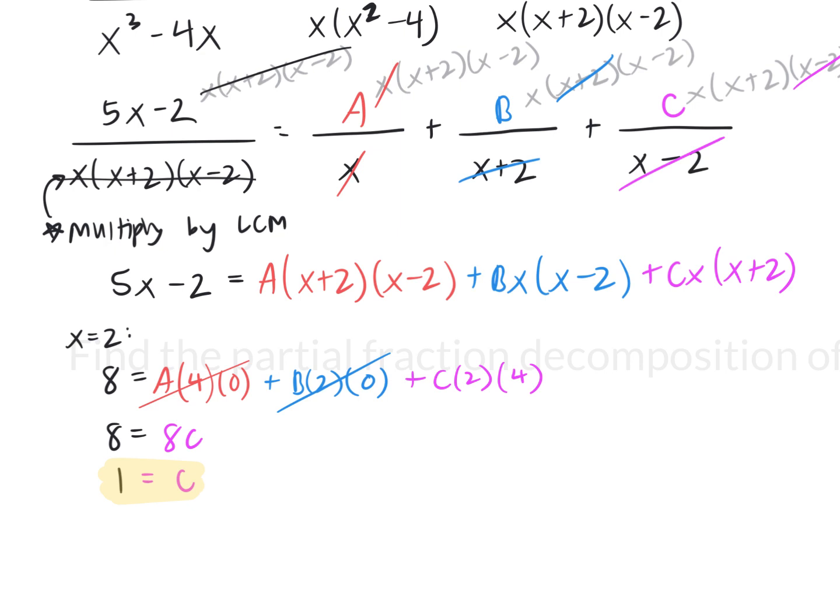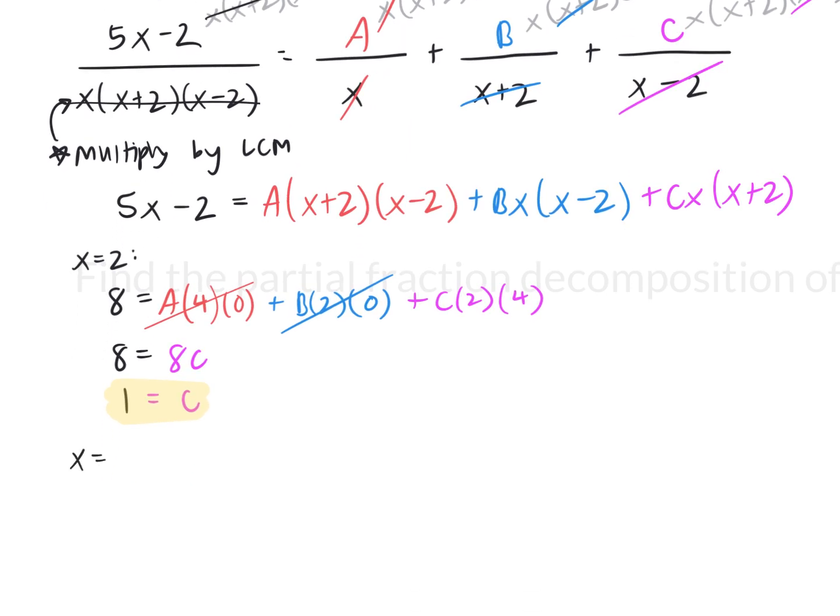Okay, so now let's pick another value. What could I also choose for x that would maybe get rid of the a or b term? -2. If I choose -2, it's going to get rid of my a term and what other term? My c term, okay? So I'm going to let x equal -2. If I plug in -2, I get -10 minus 2, that's -12. And that equals a times 0 times -4, which actually just goes away.